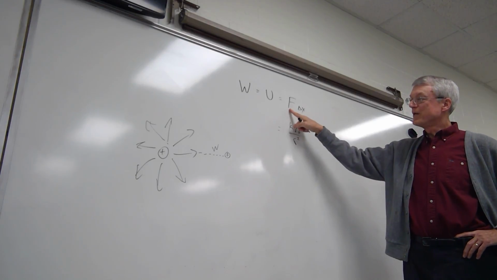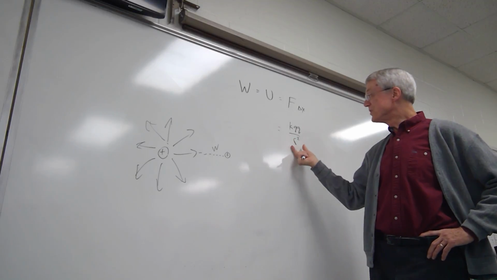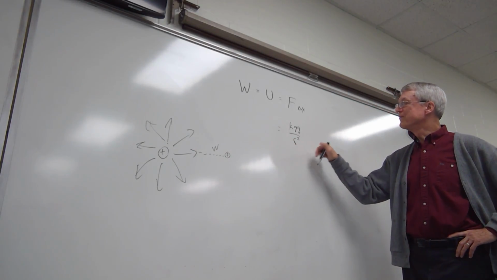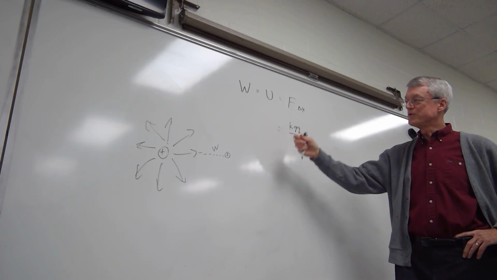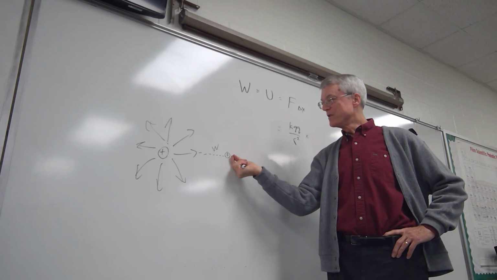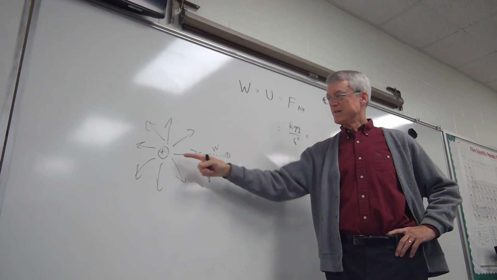Now the force you are applying really is kQq over r squared, because you would use that equation with point charges. All right, so that's the amount of force you're having to push with. That's the force of repelling. So if you're going to move it to the left, you've got to push equal to that.